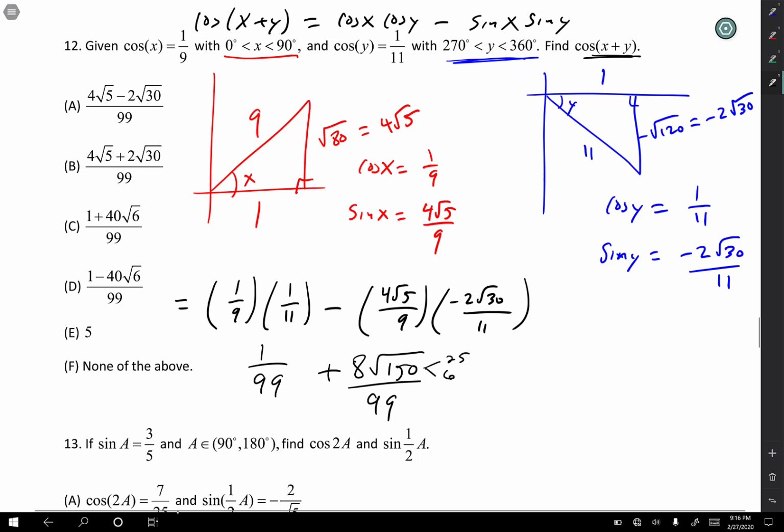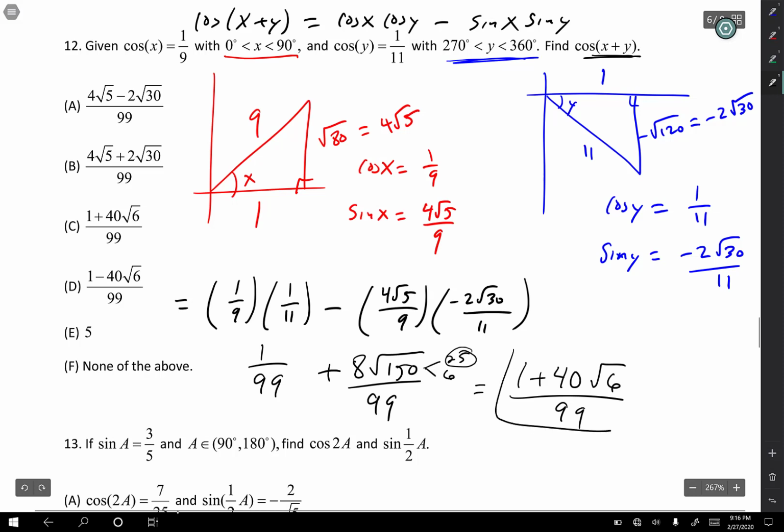Yay for math. Yay for money, quarters. All right, and then 25 is a perfect square. The square root of 25 is 5, and 8 times 5 is 40. The denominators are the same, so I can add them up. So 1 plus 40 square root of 6 over 99.